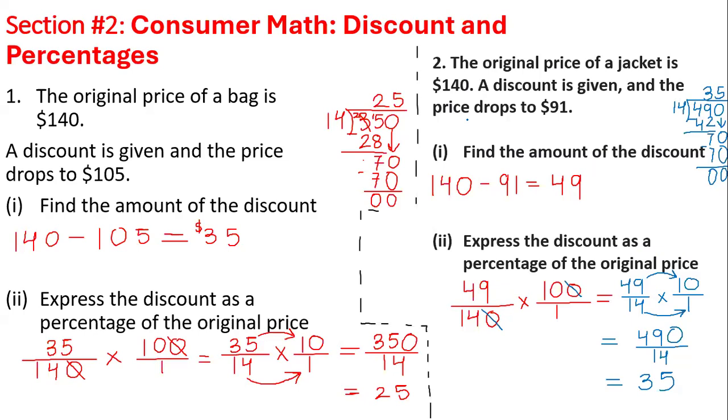And for 140 times 1, you take out the 0 out of 140, and that's equal to 14 times 1. And then you have the result 49 over 14, which is multiplied by 10 over 1. Get the result of 490 over 14, which is divided into 35%.